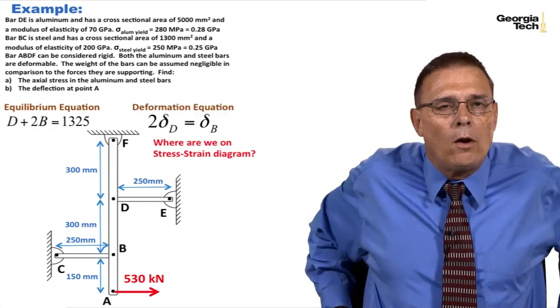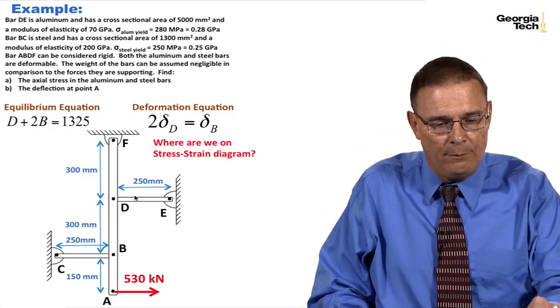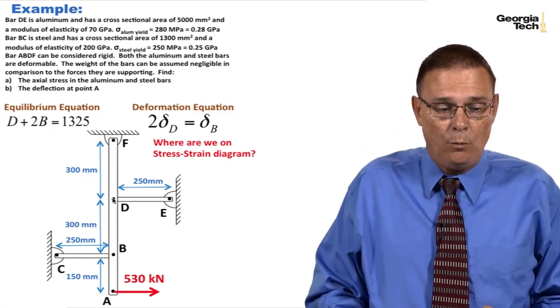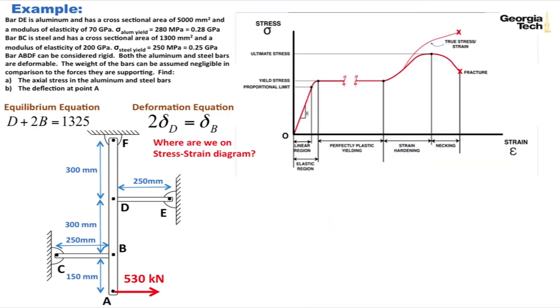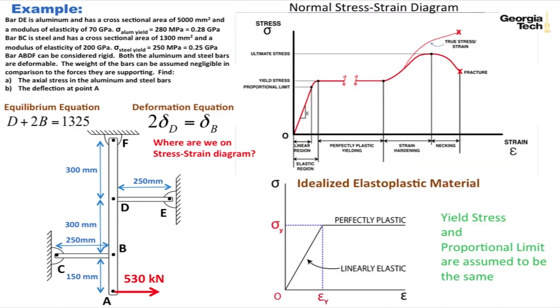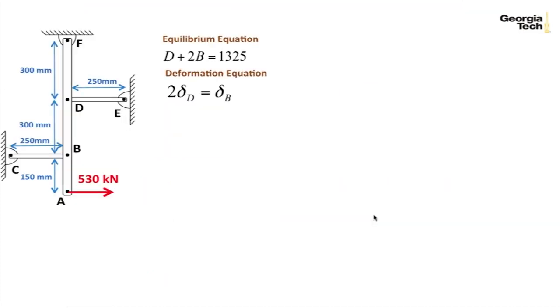But we don't know where we are on the stress-strain diagram for what's happening to our steel and our aluminum bars. And so we'll go ahead and use that idealized elastoplastic material assumption. And since I don't know if these bars are in the elastic or the plastic region, I'm going to have to make an assumption.